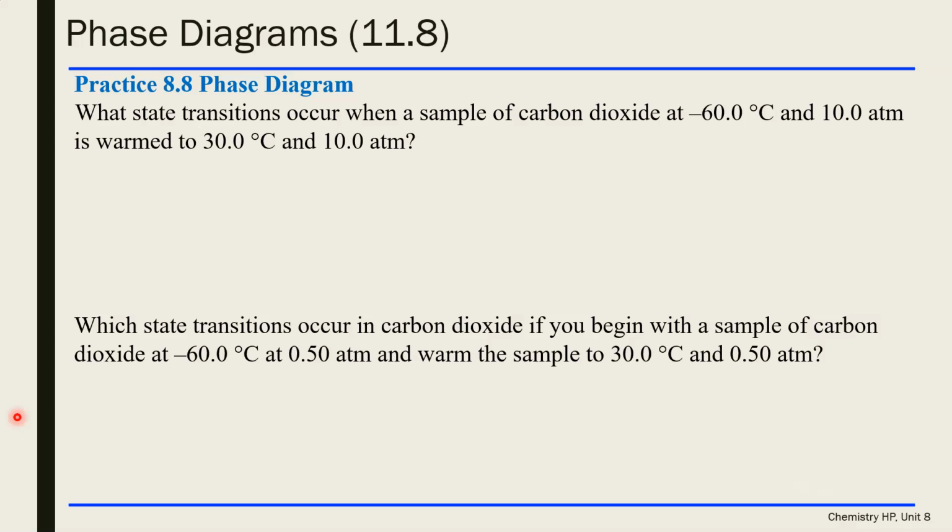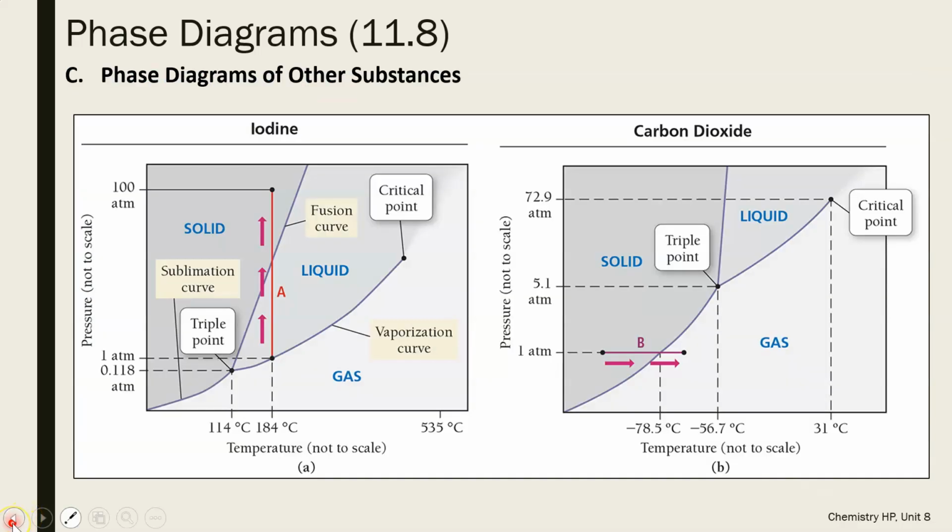If we're going to look at carbon dioxide and see what kind of phase change it goes through, we want to find negative 60 degrees Celsius, which is going to be somewhere in here.